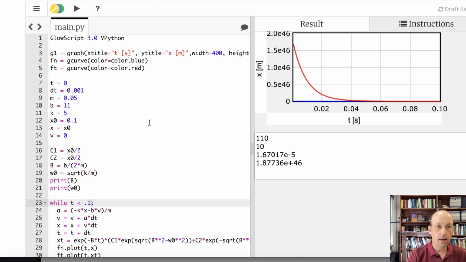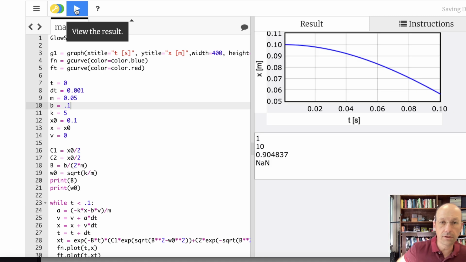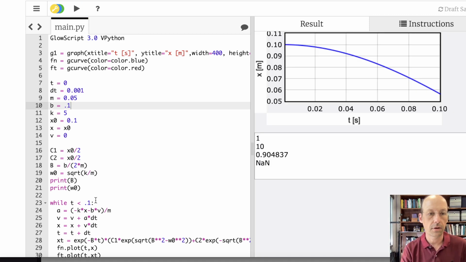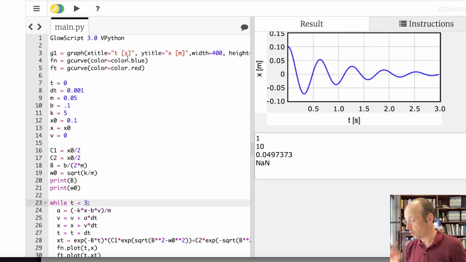That one actually looked good. It just didn't work for that solution. Oh, there we go. No, I did it for too short. So let's change this to 3 and run that. Okay, so let's go back to the paper and fix this. We can fix it. I know we can.